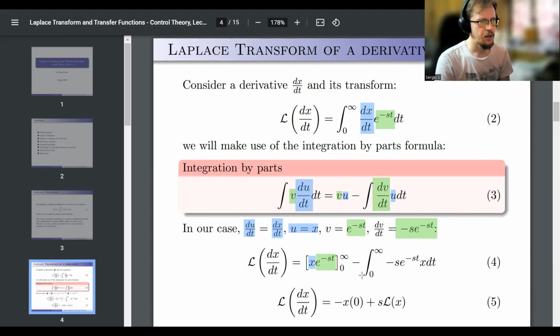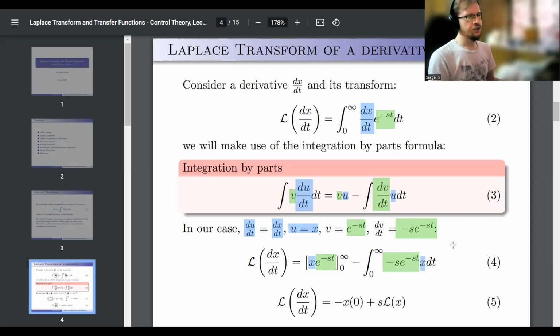The minus sign we get from here. And then we get our dv dt, here is our dv dt, times u again. Okay, so this is our integration by parts. Sounds scary, but not so scary.